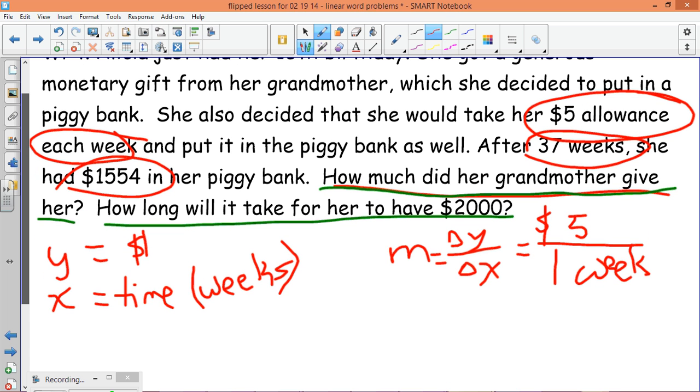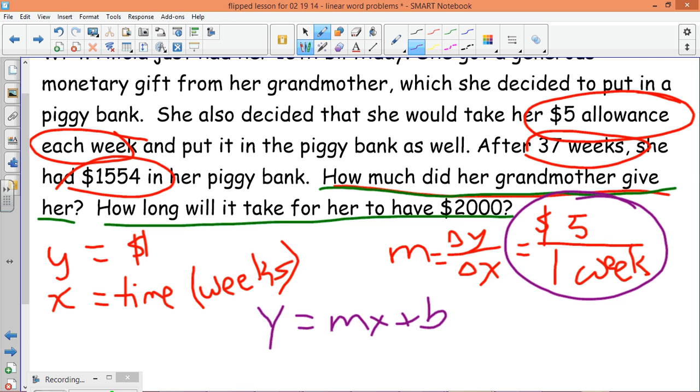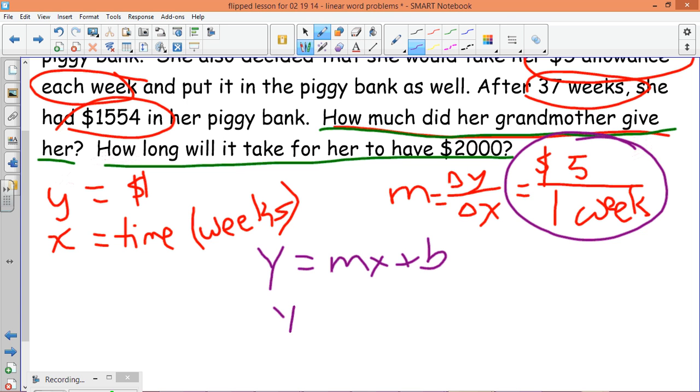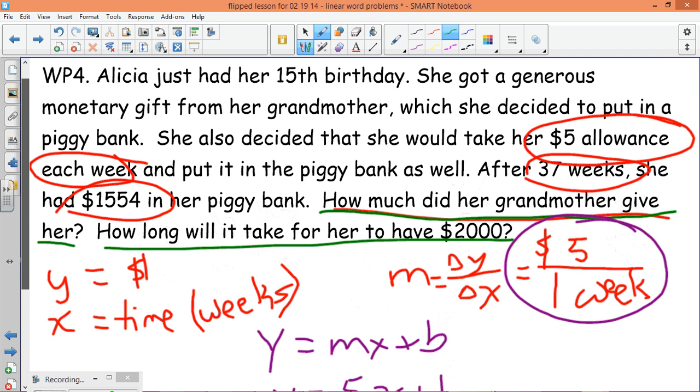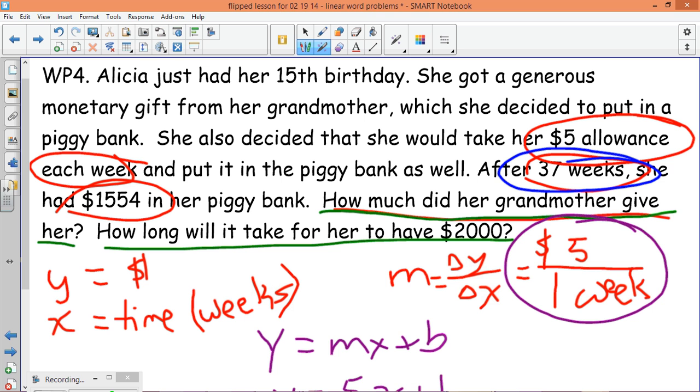Okay, I'm ready. By this point, you should know that you're doing y equals mx plus b, and you're looking for your slope, which is given to you: $5 per 1 week. Y equals 5x plus b. I now need a y and an x to put in there temporarily. Well, what information am I given? After 37 weeks, that looks like time.